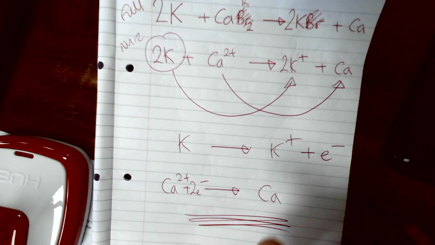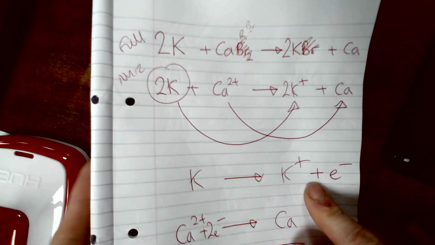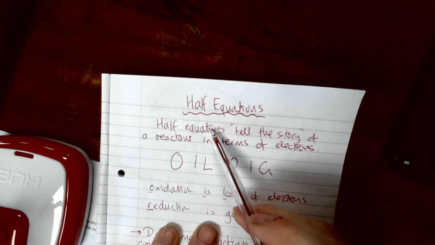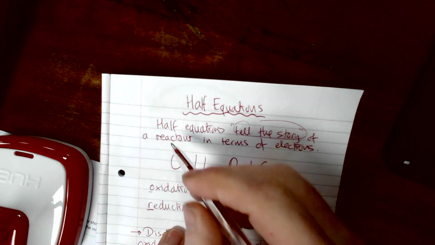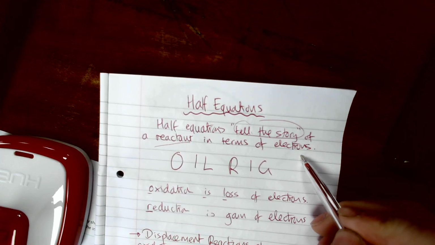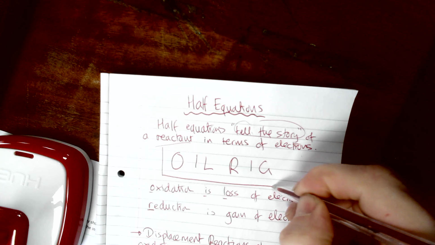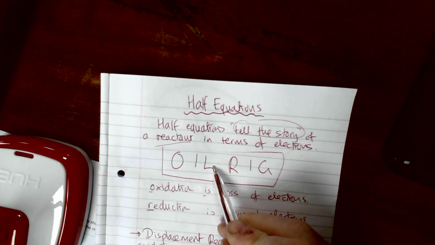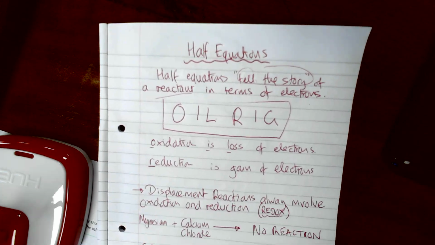Right. So, if I was to take a pause there, let's go back to our front page just so I can see where we're at. I have told you today, well, focus, half equations tell the story of a reactant in terms of its electrons. And I've said that oxidation is when something loses electrons, reduction is when something gains electrons.